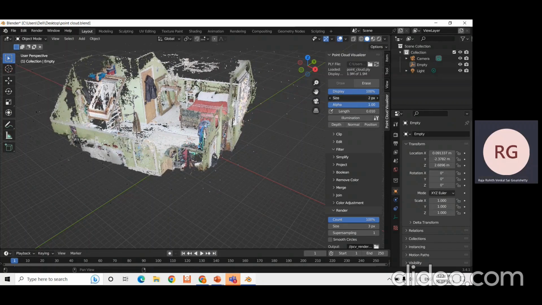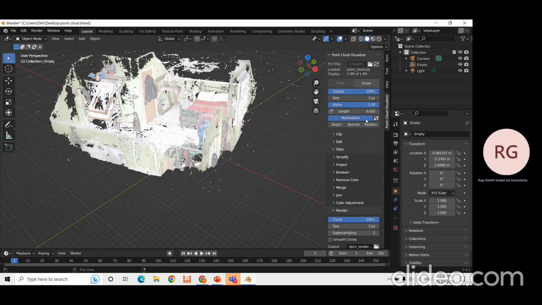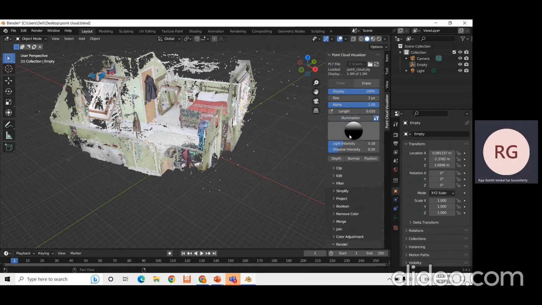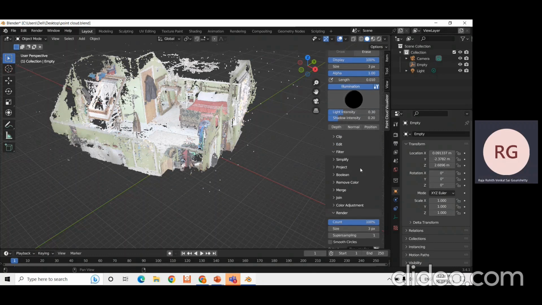We can even change the opacity of the whole body using the alpha setting, and then we can use the illumination tool to illuminate in different shades. As you can see, when I move it, based on the movement, the shadow and everything is managed here.